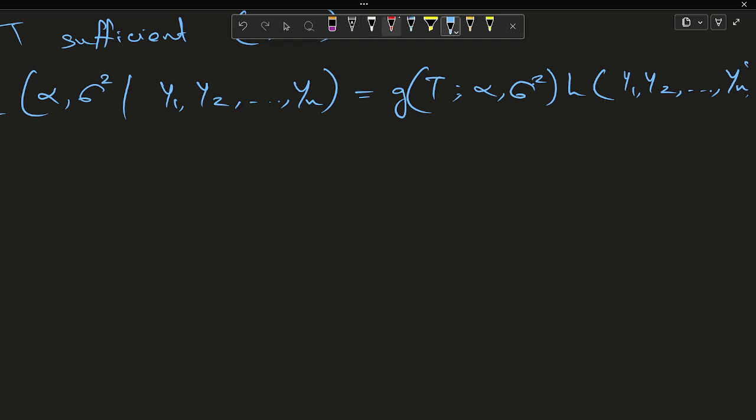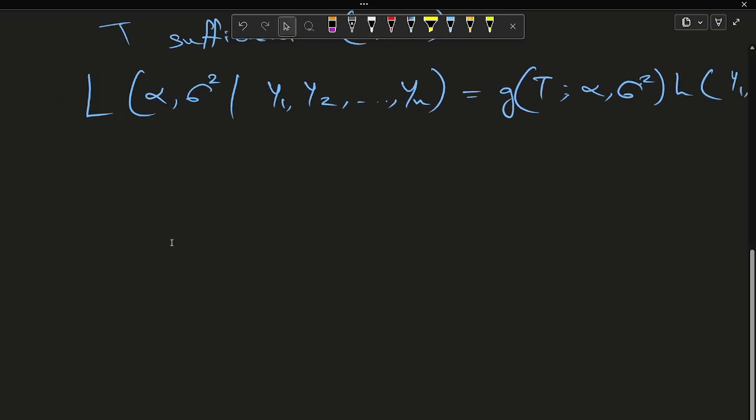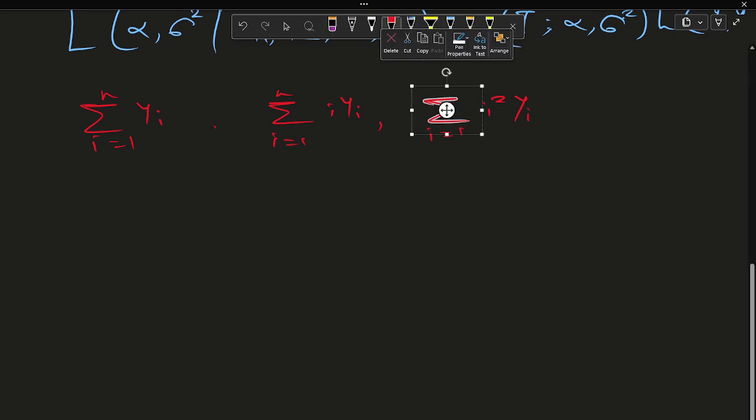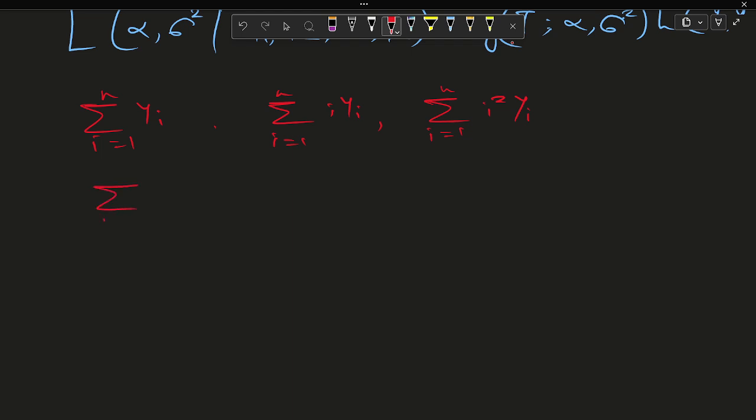The total sum of y_i; the weighted sum by i, which is the sum of i into y_i, with i running from 1 to n; the weighted sum by i square, the sum of i square into y_i; then the constant weights, the sum of i square, and the sum of the squared observations.